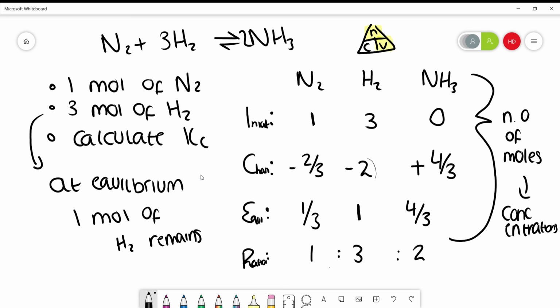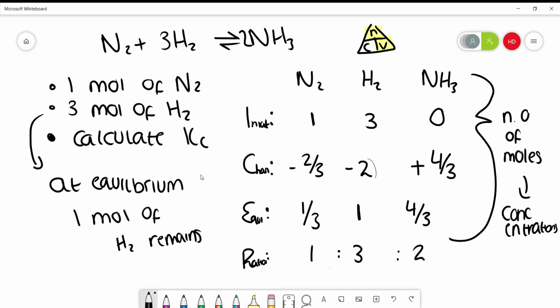The question will give you a total volume, and the total volume of a container might be 1, maybe 2 decimeters cubed. Usually in the exam they won't give you odd numbers or weird things to calculate.